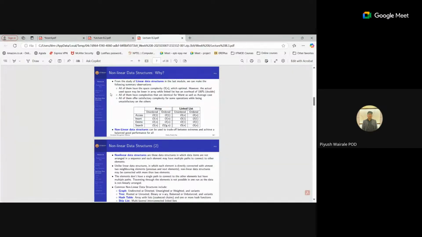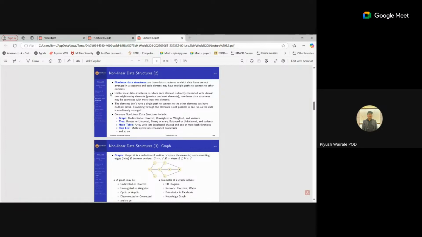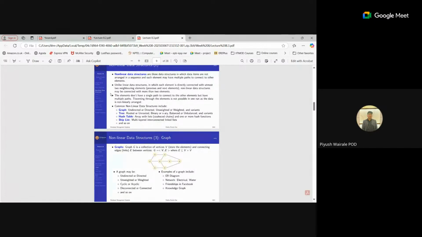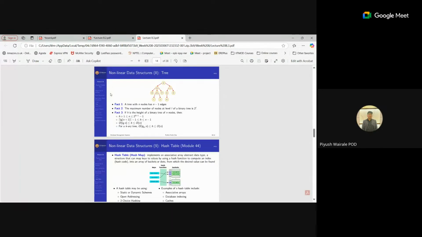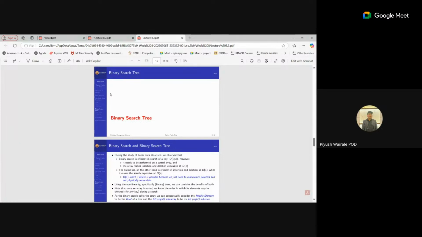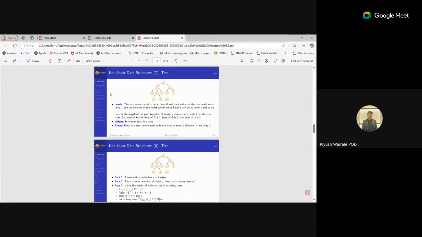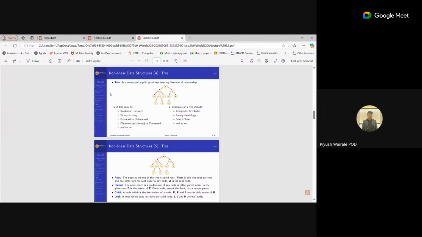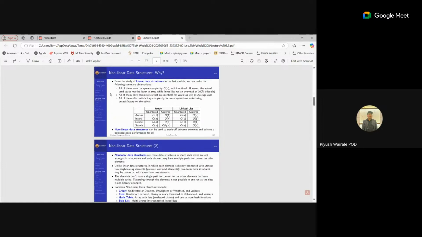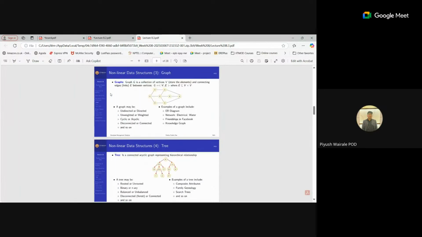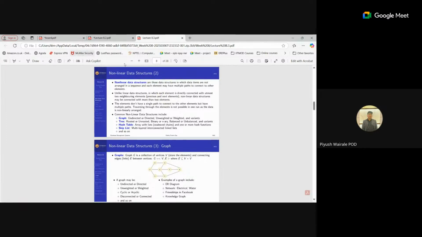Yeah, so you can go to the content part here. Yeah, so we'll discuss this graph, a non-linear data structure, here, right?